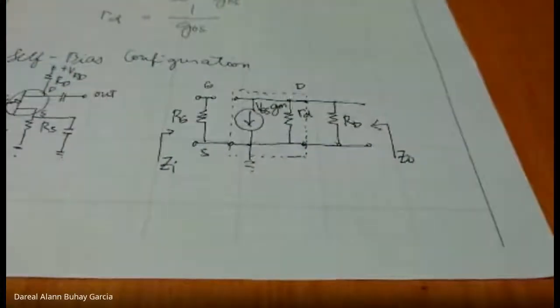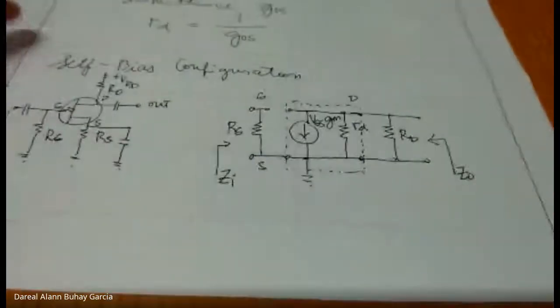This is VGS, GM, VGS, and RD. Input impedance is measured from here, output impedance is measured from here, and gain is VO over VI.